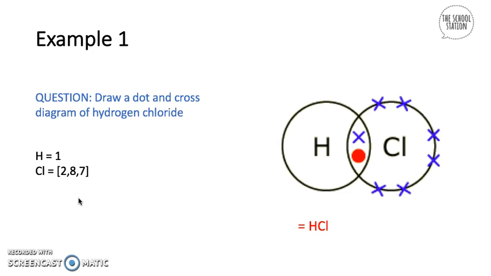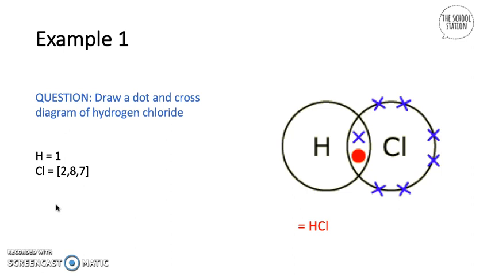Now that we can look at these two electronic configurations, we can realize that hydrogen needs one more electron to have a full outer shell and become stable. And chlorine also needs one more electron to become stable. When a reaction happens, the main aim is for both of the elements to get stable.